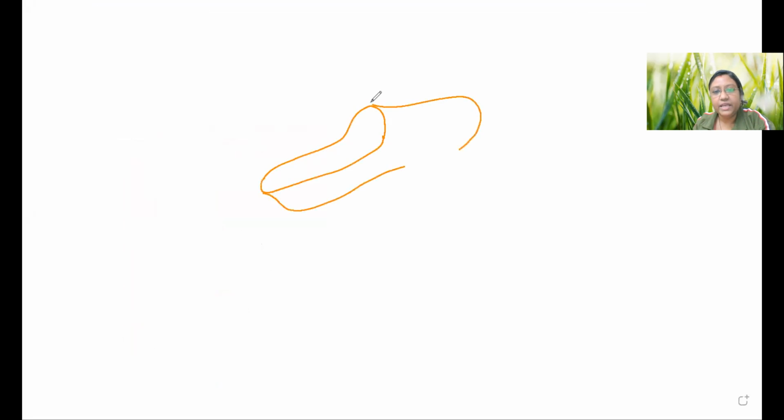The inner membrane is folded to form finger-like structures, which are called cristae. All of you know that the inner membrane increases the surface area by having this kind of folding.